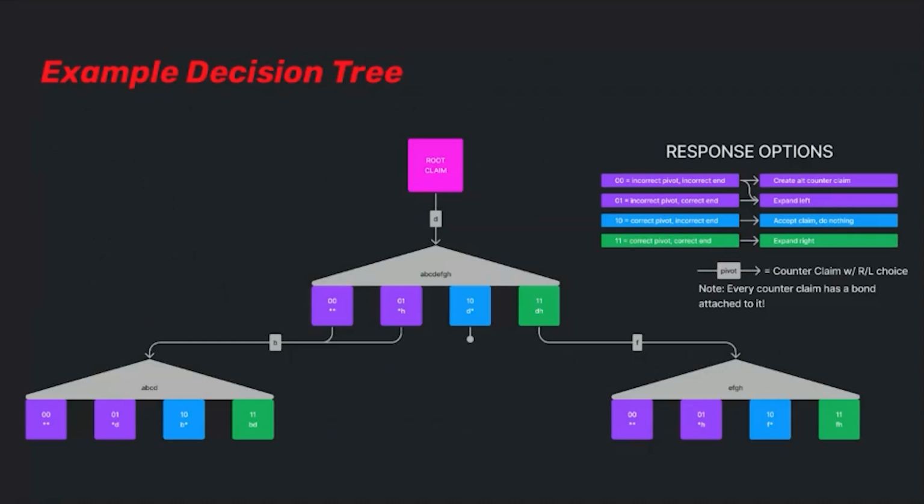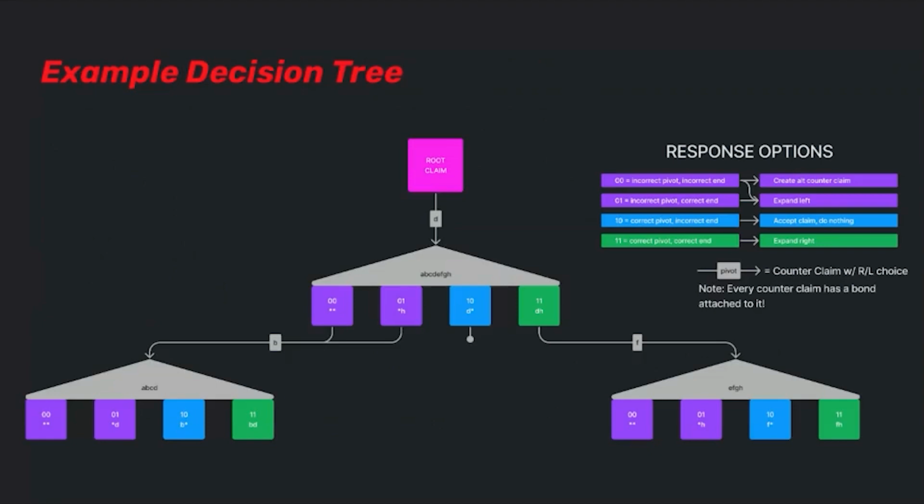So we can start pulling this down. The next thing to do, if you disagreed with the pivot and either agreed or disagreed with the root claim, is to supply an attack left. Because if you disagree with D, you want to find the instruction at which you diverge to the left.